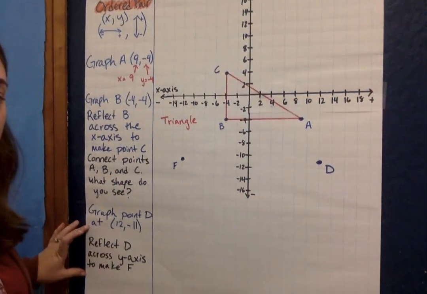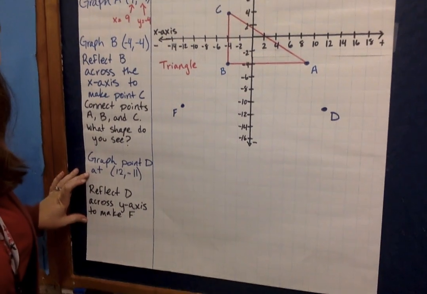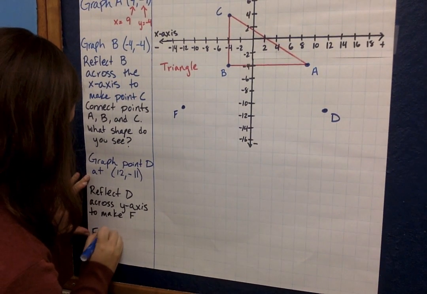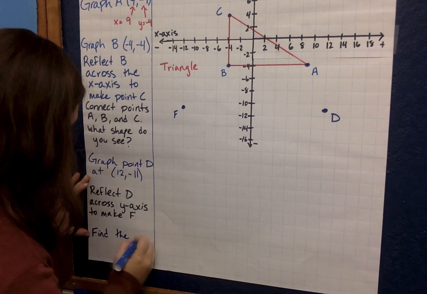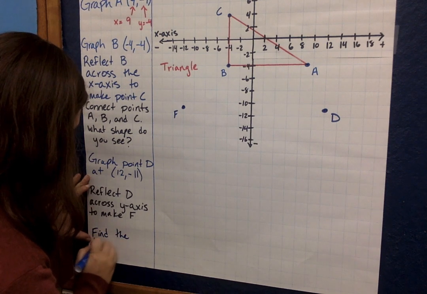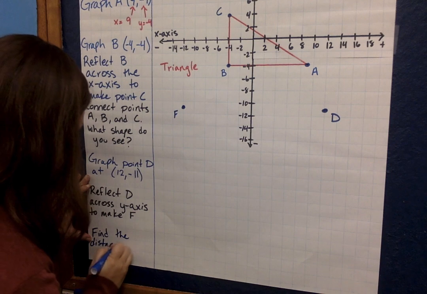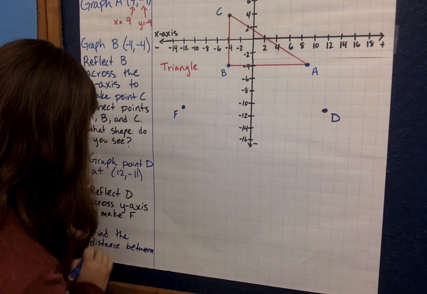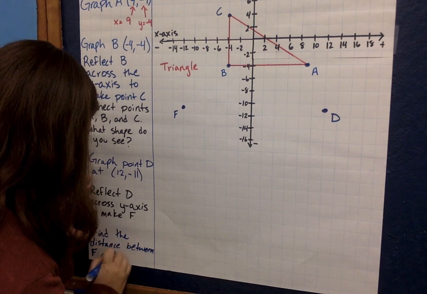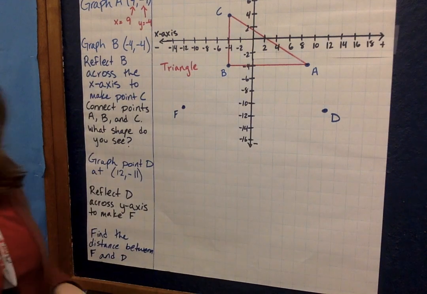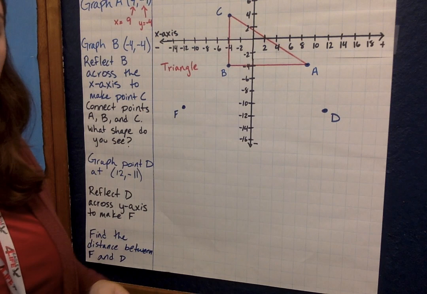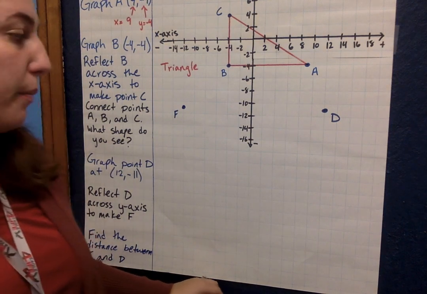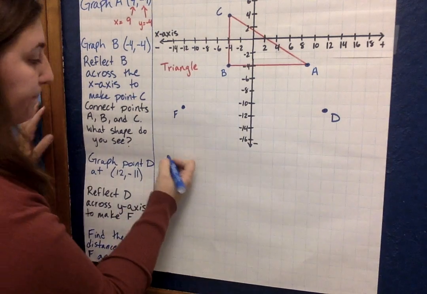So let's find the distance between F and D. Okay, and remember, distance is just going to be the absolute value. Remember we talked about that? So let's write that here.